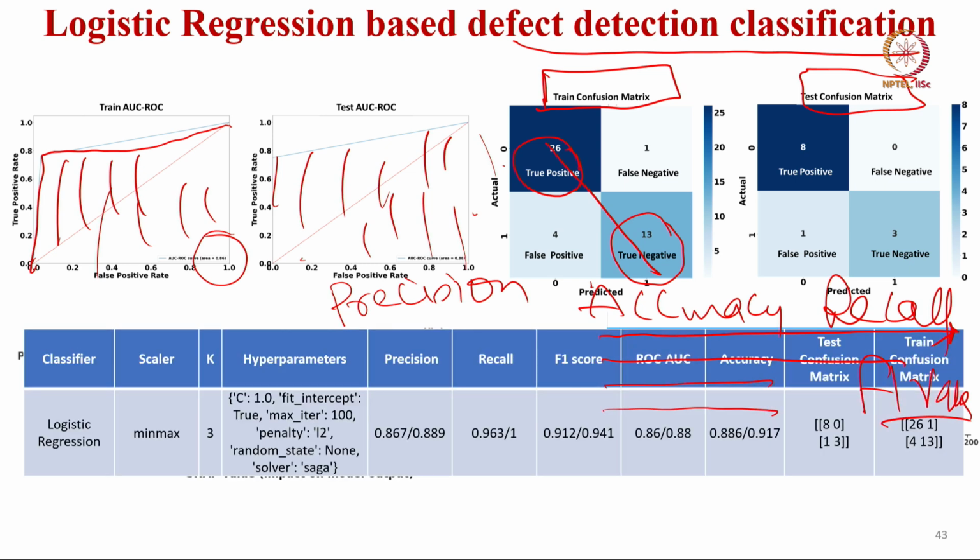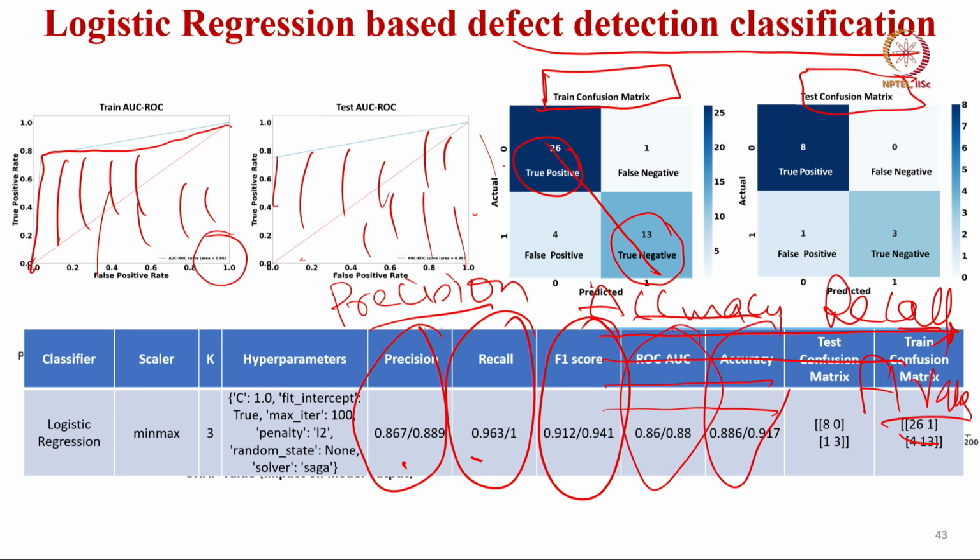As I said, you can see precision, accuracy, recall and F1 value for both the train and test data sets. So, precision is 0.867, recall is 0.963, and the test data set is a perfect 1, then ROC, AUC and accuracy, test confusion matrix and train confusion matrix.